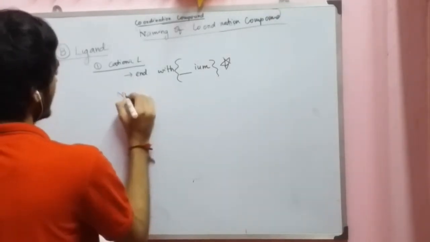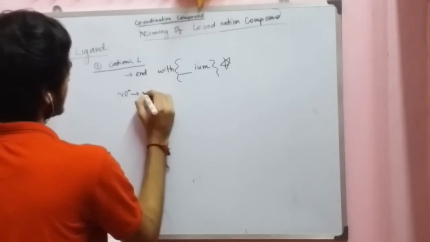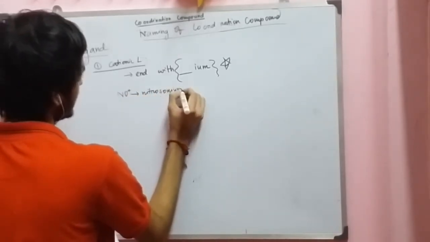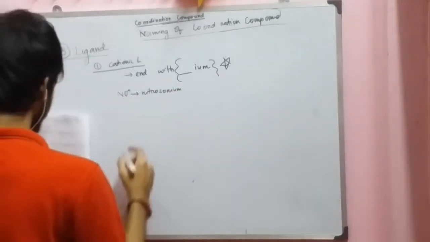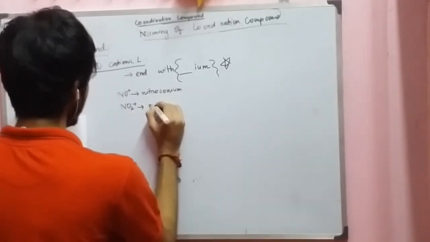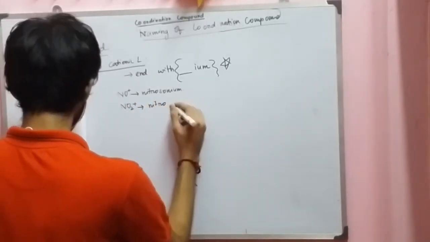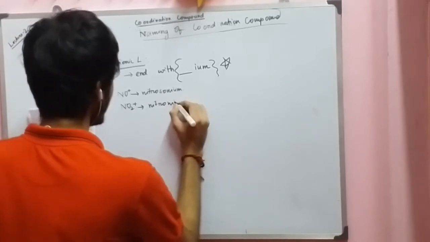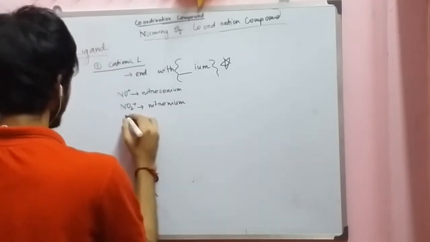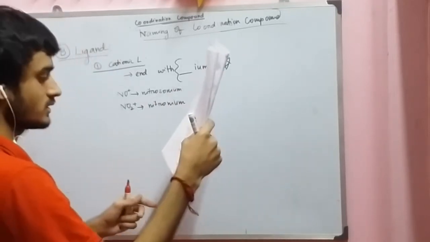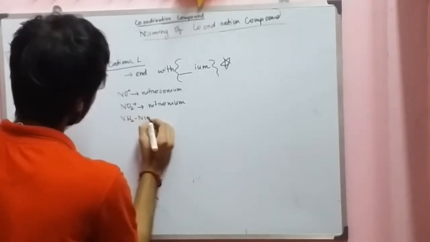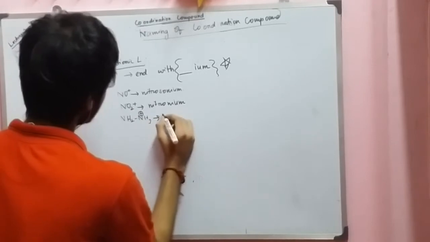Example, NO plus is nitrosonium ion. The second is NO2 plus, it is nitronium ion, nitronium. And the third example is NH3 plus. This is hydrogenium.